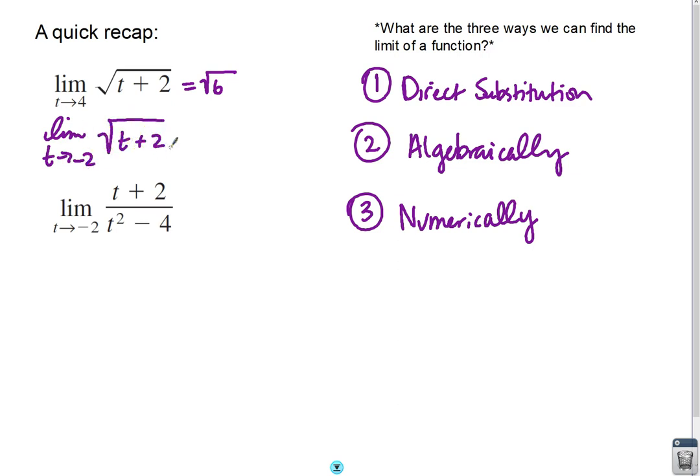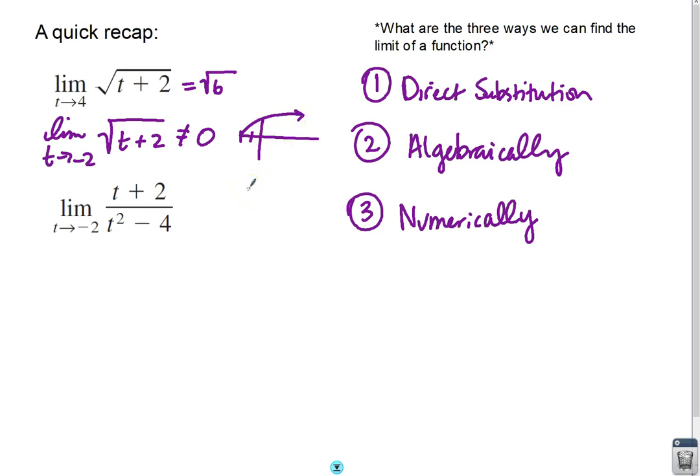If that were the case, you could do a direct substitution and some of us would be like, oh, but we get 0. It is actually not 0. If you look at the graph, the square root of t plus 2 is the square root of t shifted to the left 2 units, so it looks like this.